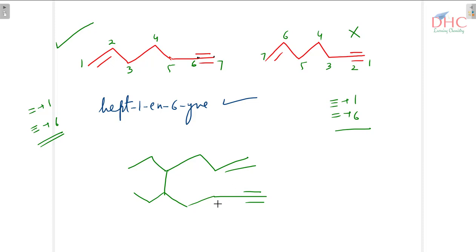This is the molecule. So you basically number it now. 1, 2, 3, 4, 5, 6, 7, 8, 9. This is the longest chain. So you will number it from this side because the double bond gets the lowest number because of choice.